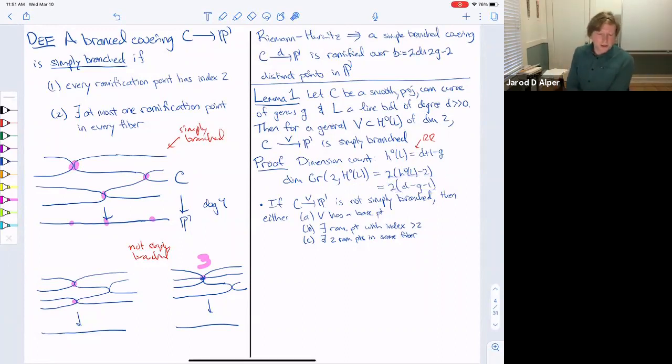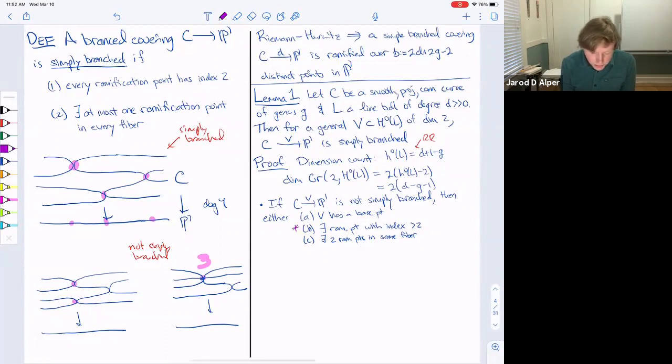The strategy is to show that the conditions saying that the linear series fails to be simply branched are lower dimensional. So we need to show that if the cover is not simply branched, then either there's a base point, or there's a ramification point of index greater than 2, or there are 2 ramification points in the same fiber. Each of these needs to be treated separately.